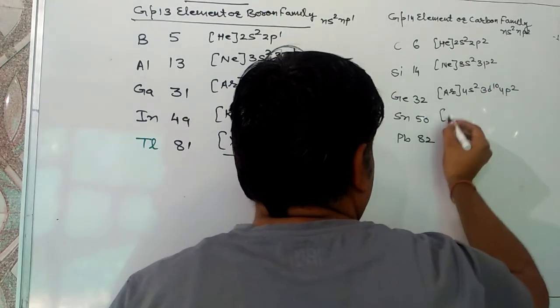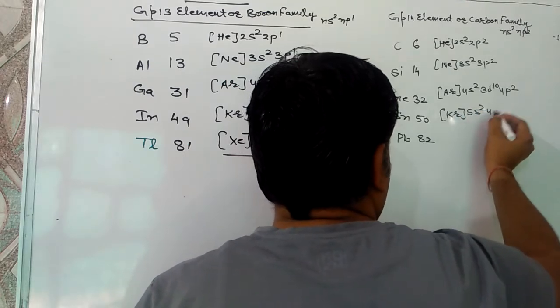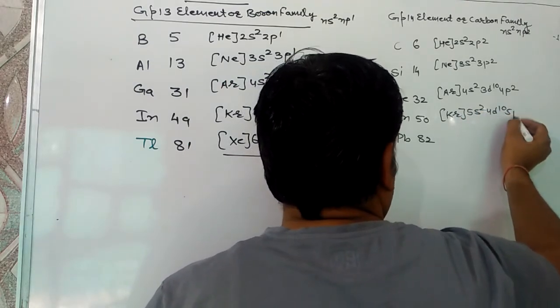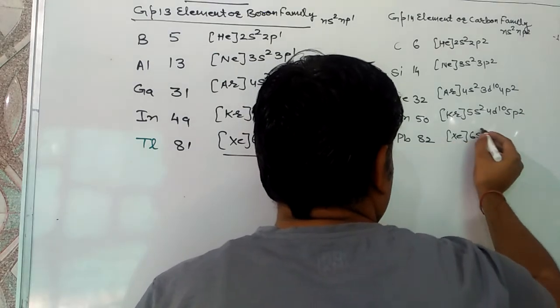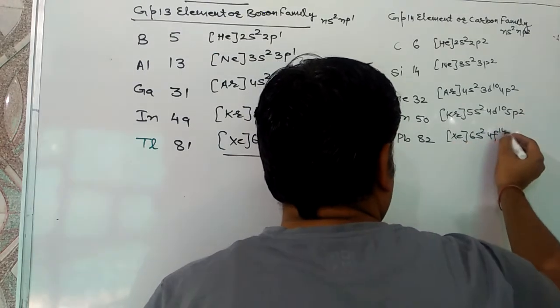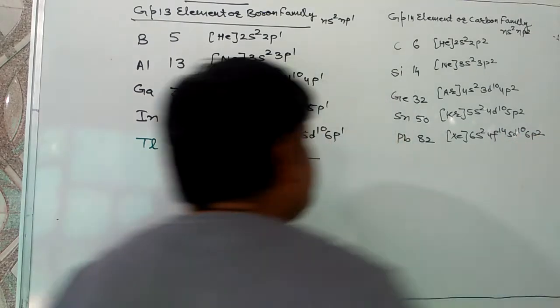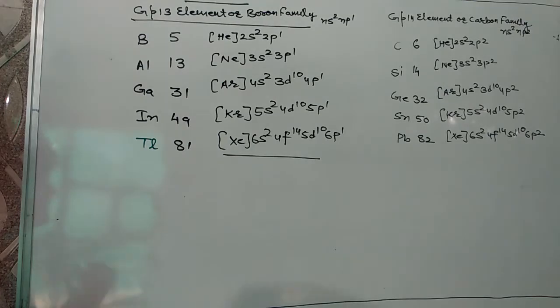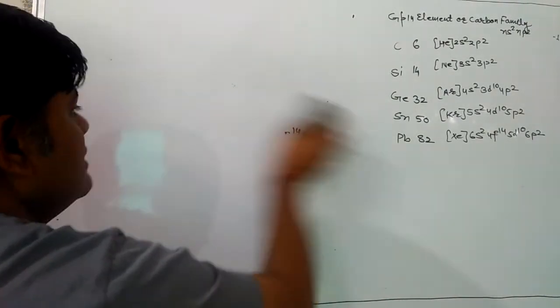For tin, it will be krypton 5s2 4d10 5p2. For lead, it will be xenon 6s2 4f14 5d10 6p2.